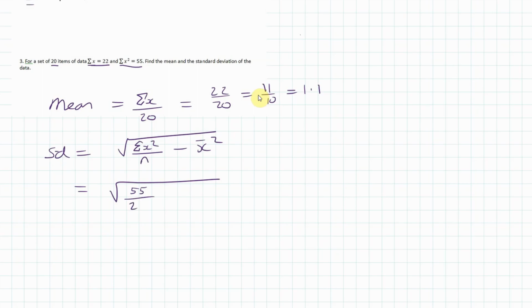I'm going to pop that over the 20 items that we have, then we're going to subtract the mean squared. Now when we chuck this into our calculators, what do we get? I'm getting 55 over 20, minus 1.1 all squared, square rooted. I'm getting 1.24 as my final answer for the standard deviation.